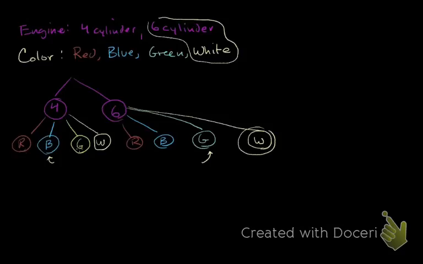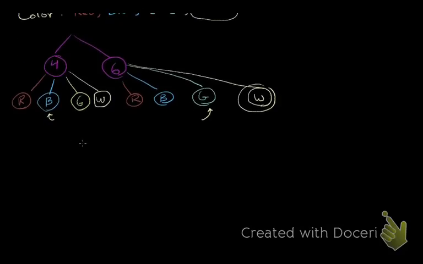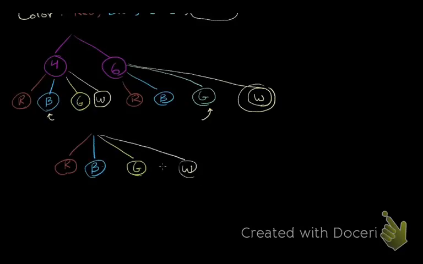Now, this wasn't the only way that we could have drawn the tree diagram. We could have thought about color as the first row of this tree. So we could have said, let me do it down here so I have a little more space. We're either going to get a red, a blue, a green, or a white car, and then for each of those colors, I'm either going to get a four-cylinder or a six-cylinder engine.